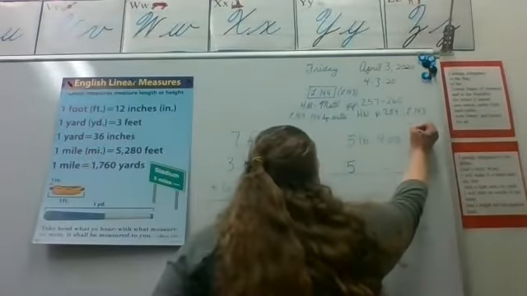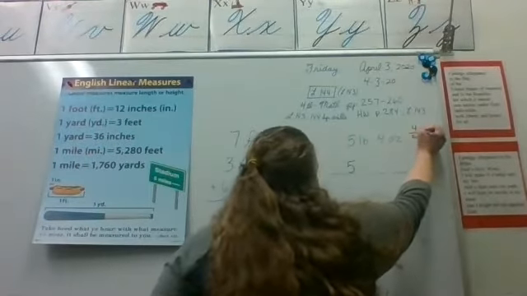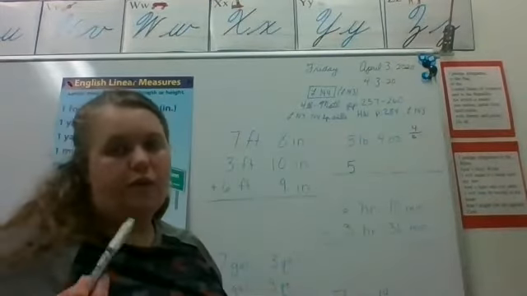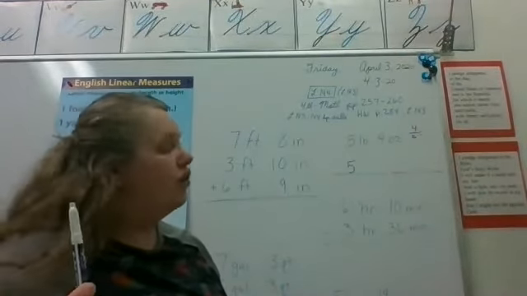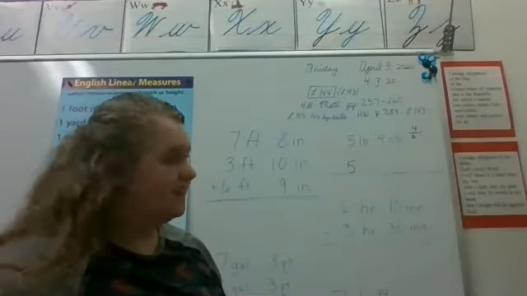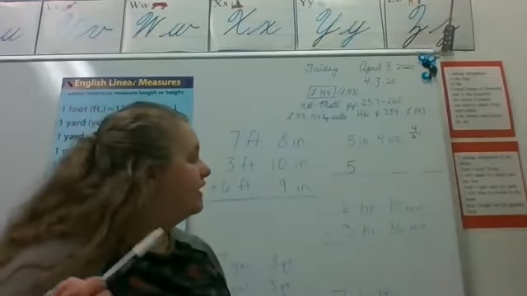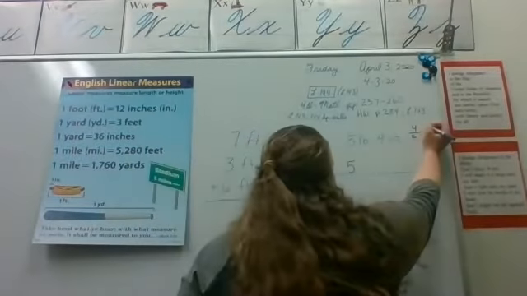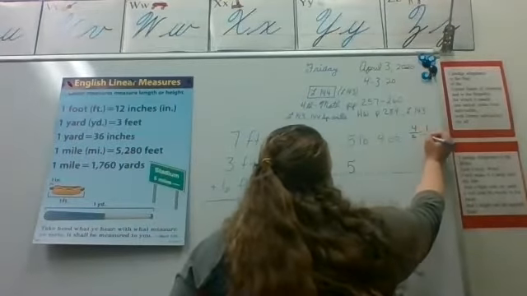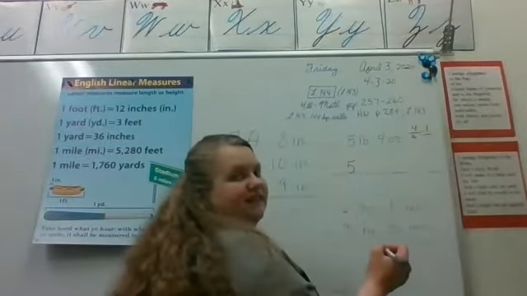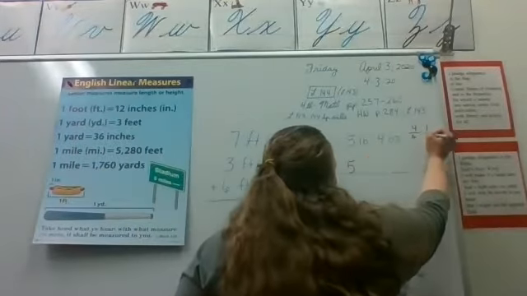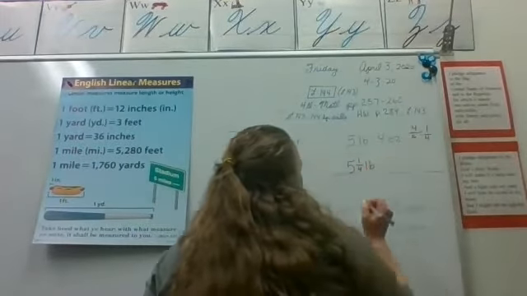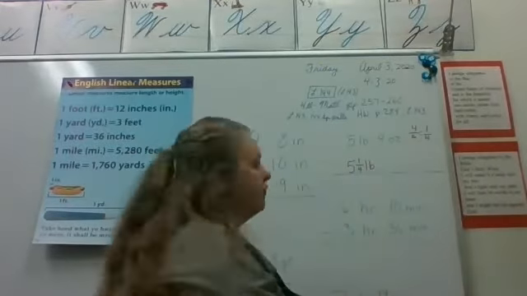So I'm going to put 4 over 16 over here because I'm going to reduce that, because 4 and 16 are both even, and also I know that 4 can go into 16, okay? So if we can reduce this fraction, we want to do that. So 4 divided by 4 is 1, 16 divided by 4 is 4, okay? So 1/4, so 5 and 1/4 pounds would be how we write that, okay?